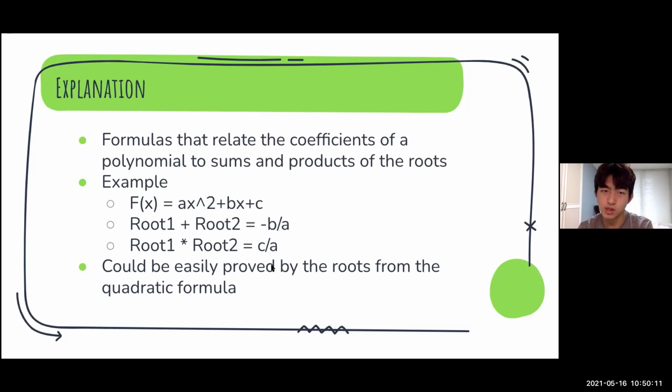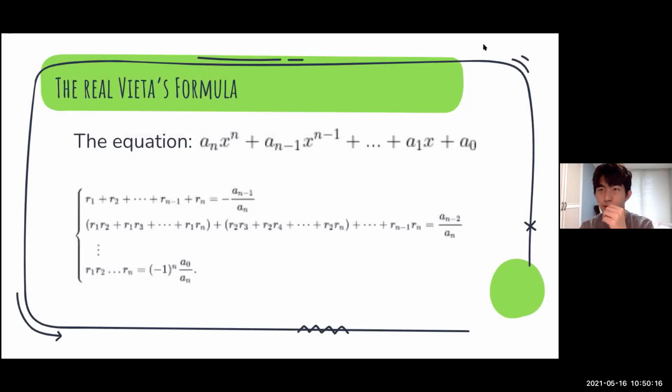This is only for quadratics, but Vieta's formula can be used for any type of polynomial. For example, take x to the n power plus a(n minus 1) x to the n minus 1 power, and so on, summing up until a1 x plus a0, and this has n roots.